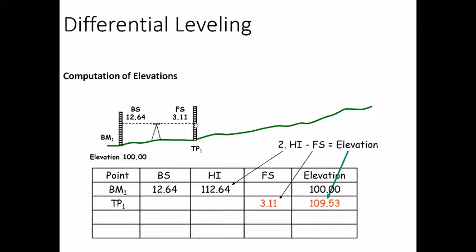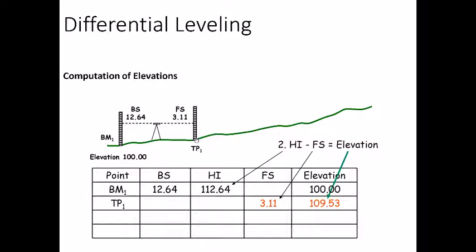Since the height of the instrument remains the same, from the height of the instrument, 112.64, we subtract the foresight, and that gives us the reduced level of the next point. Subtracting 3.11, you get 109.53, which is the reduced level of TP1.